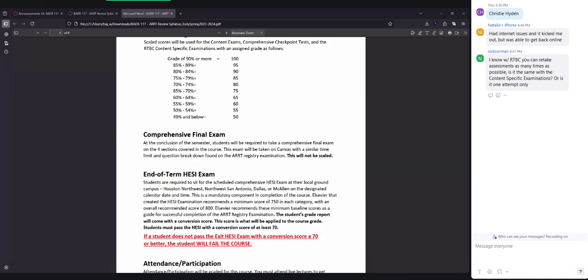If you're not doing well on the RadTech boot camps and you go ahead and pad your grade, when it comes down to that final examination and that HESI, they're going to tell the tale of really how well you've been doing as far as the course goes and the content.